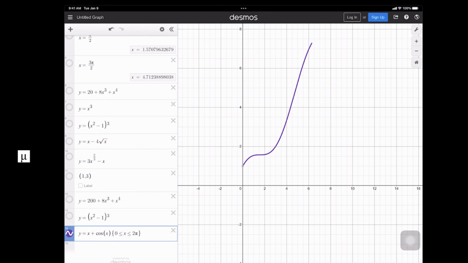Three, intervals of concavity, and possible inflection points.